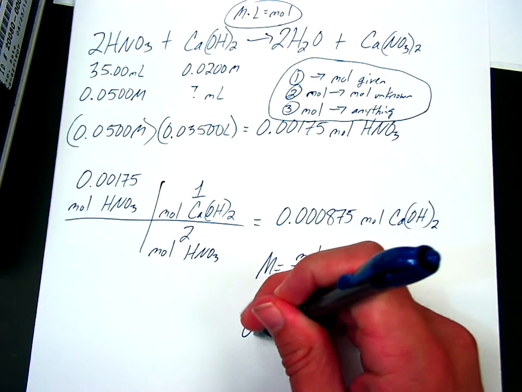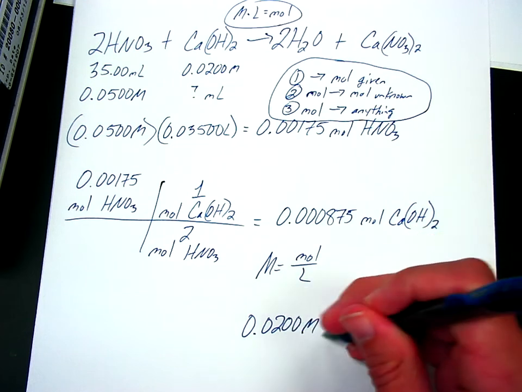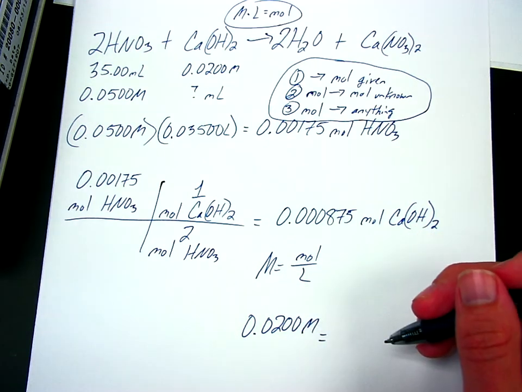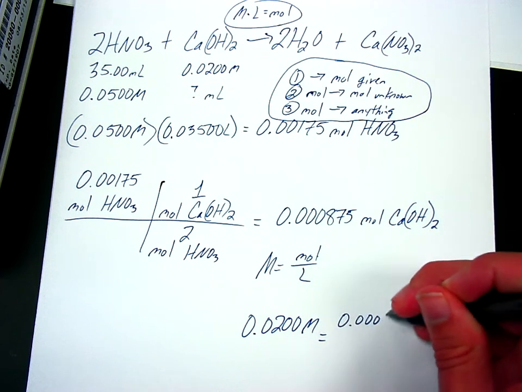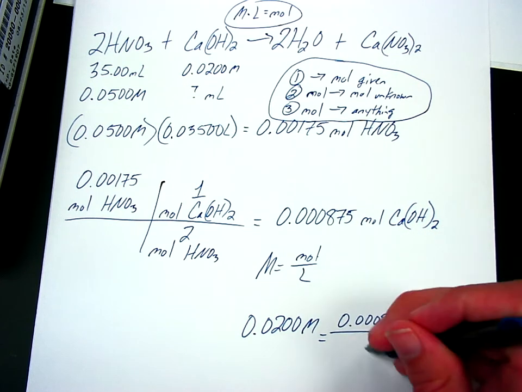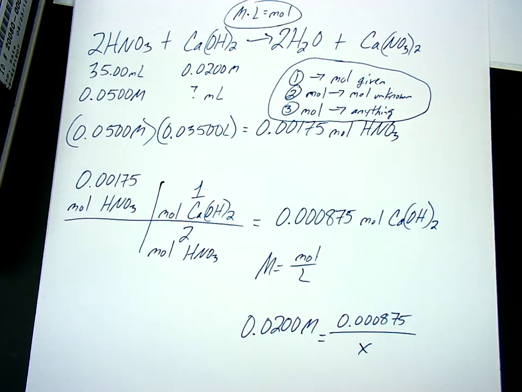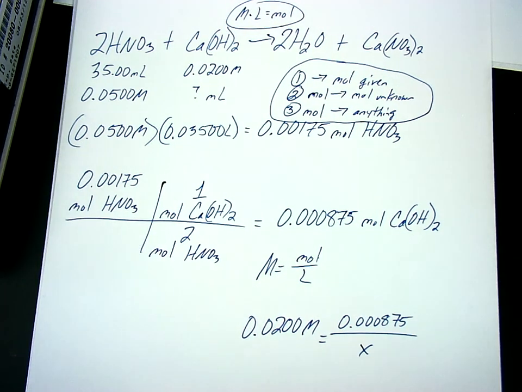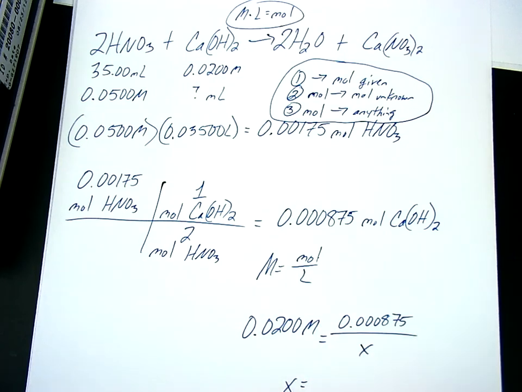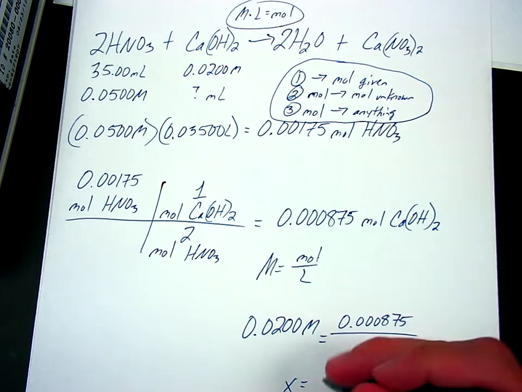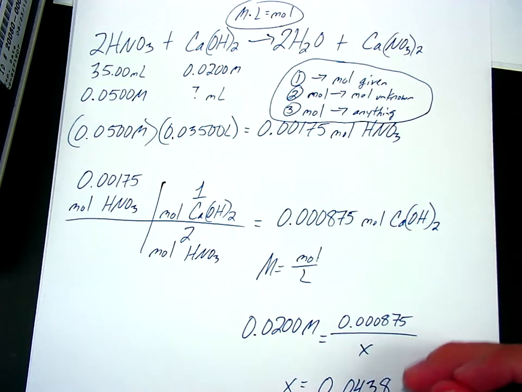So 0.02 molar equals moles, which I found right here, 0.000875 over basically X, because that will give me the missing volume. If we solve for X there, you're going to get 0.0438 liters.